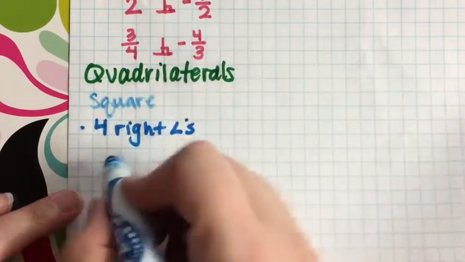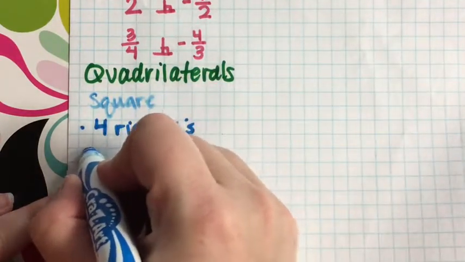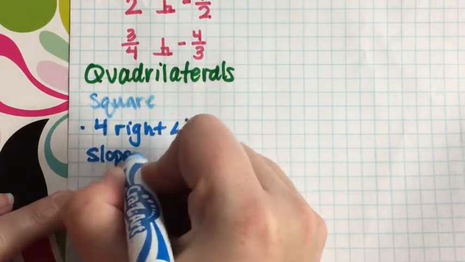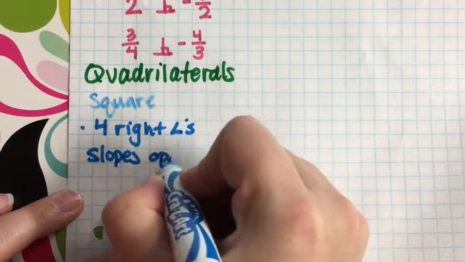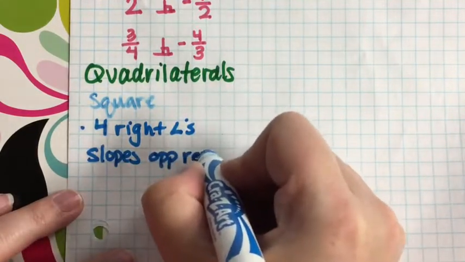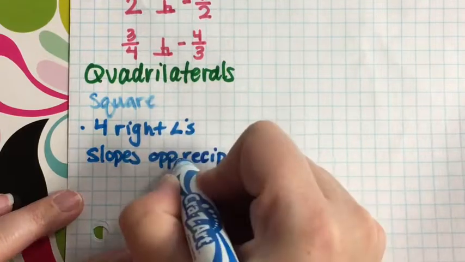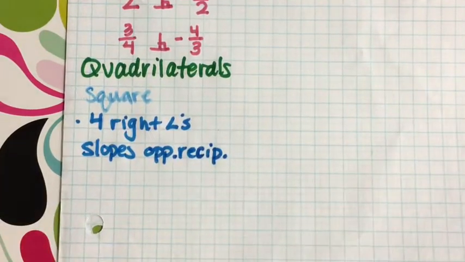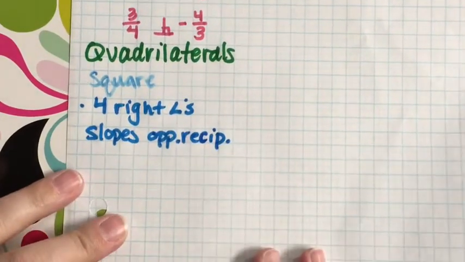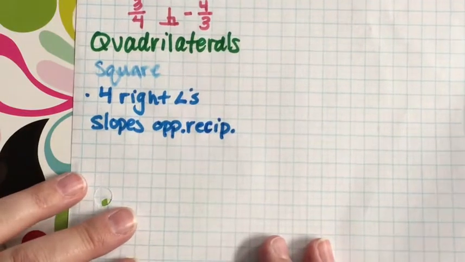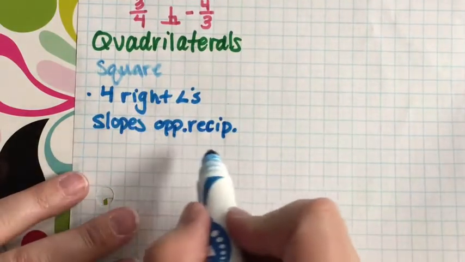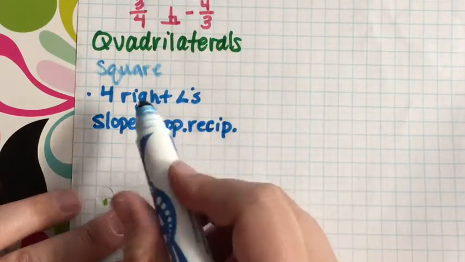In other words, you want the slopes to be opposite reciprocals. So to do that, you can do opposite reciprocals.